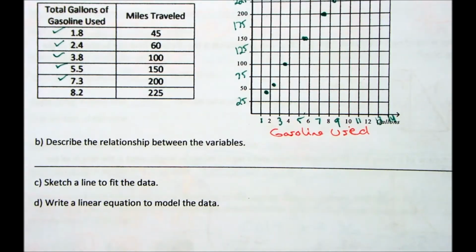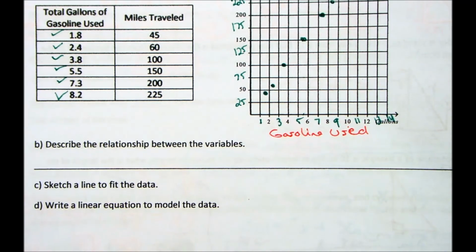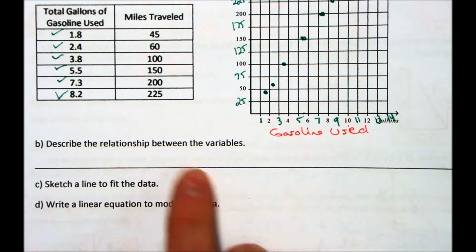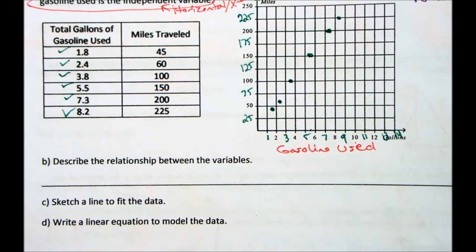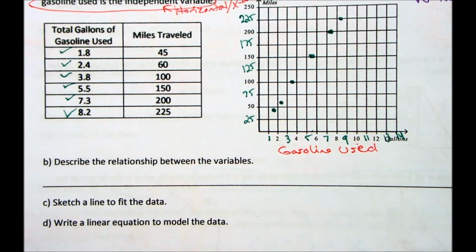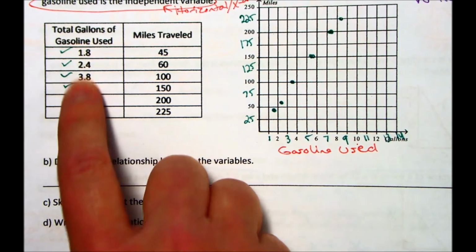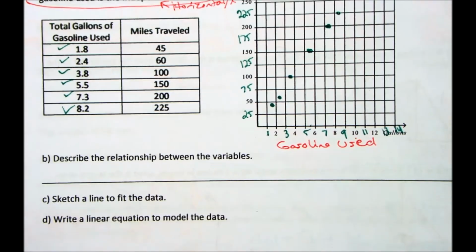All right, so we graphed the data, and they want us to describe the relationship between the data, or the variables. So our variables are the gasoline used and miles traveled.